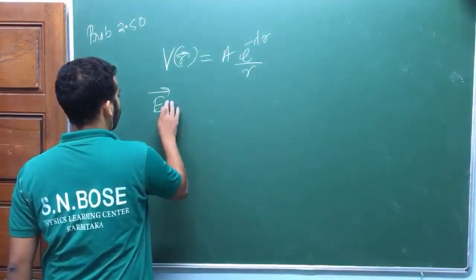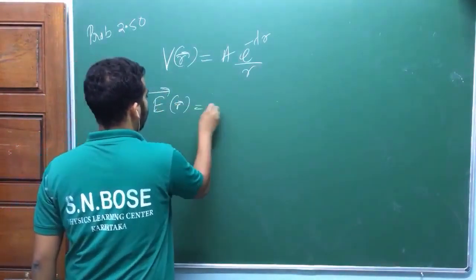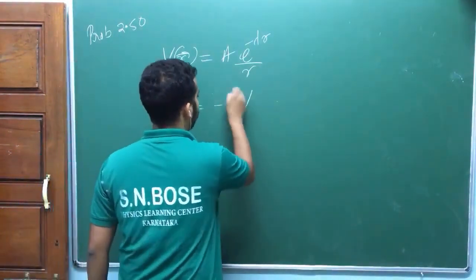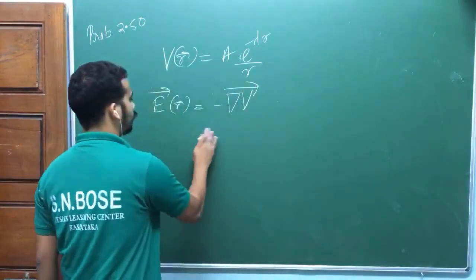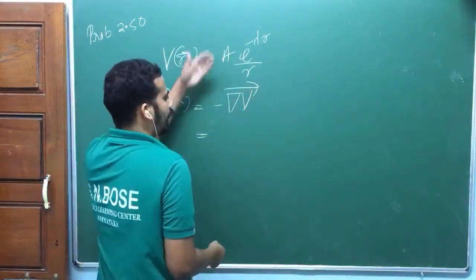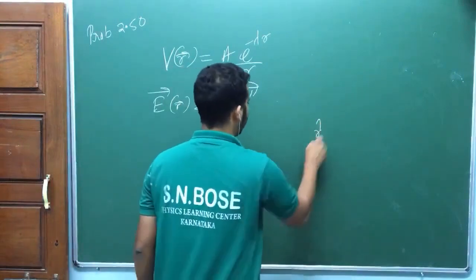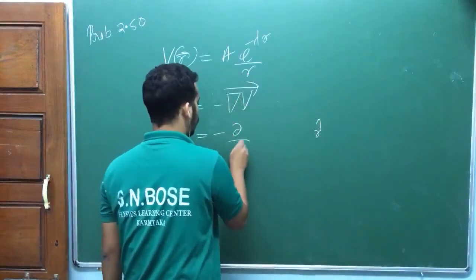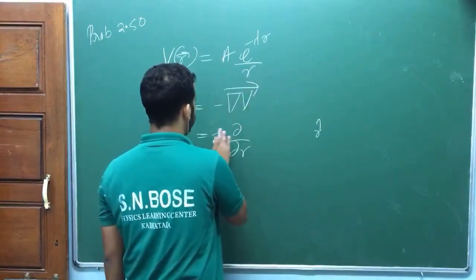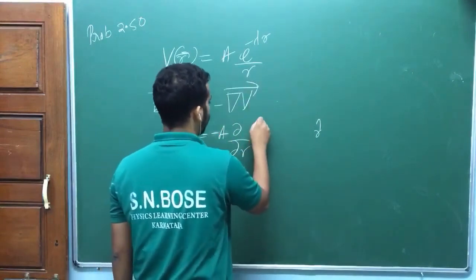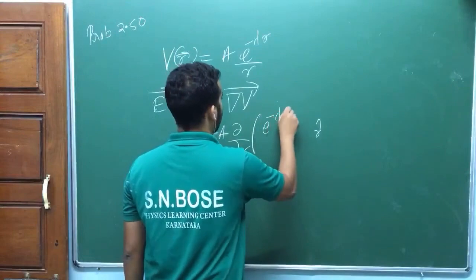Electric field at r is equal to negative gradient of V. Speak out. It contains only the r part of the derivative, am I right? That's why you can write like this, r cap, negative dou by dou r of A e power minus lambda r divided by r.